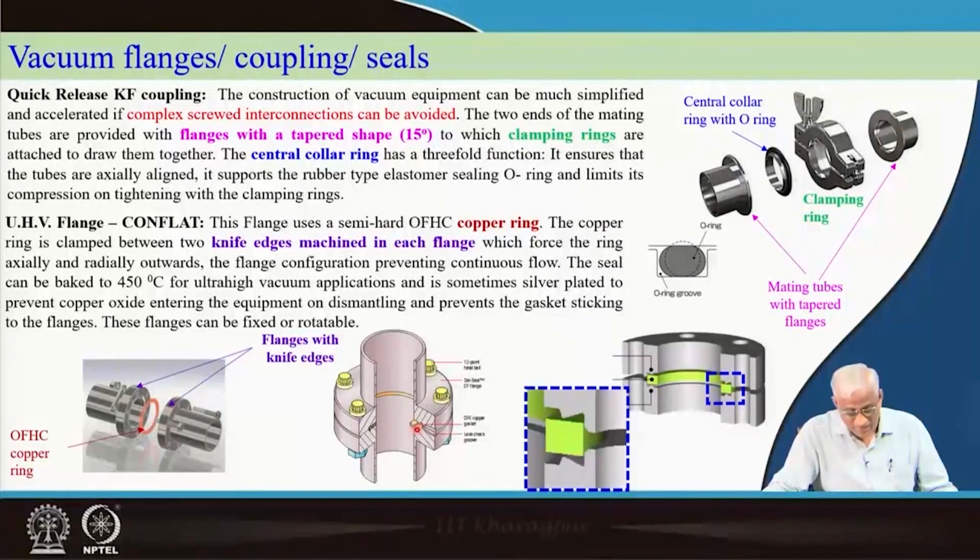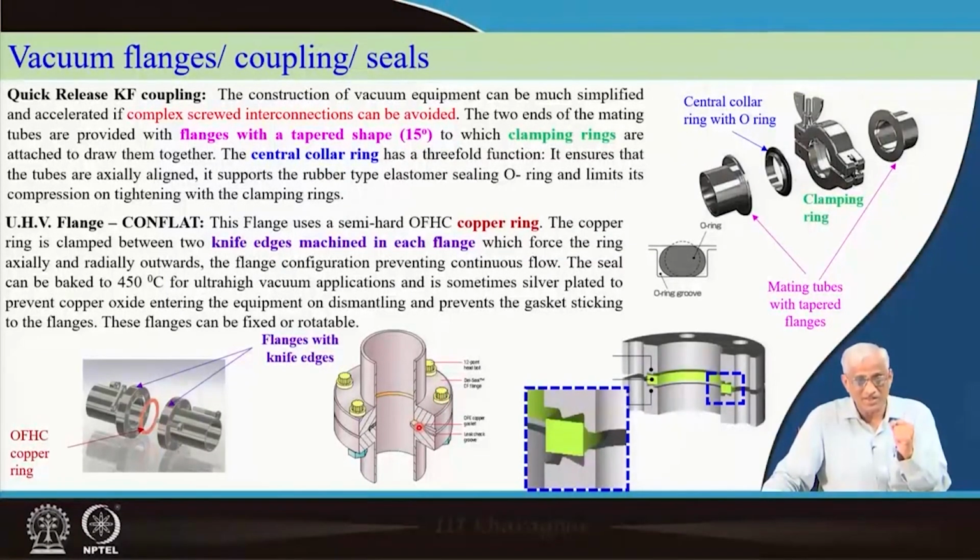So this is a connected version here, the same thing I am showing here. When you tighten these bolts, it gets almost squeezed, and it will form a room temperature brazing type of seal between these two mating flanges.